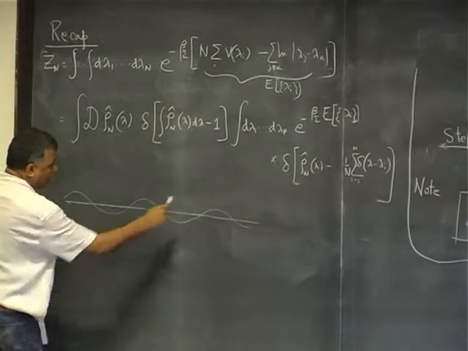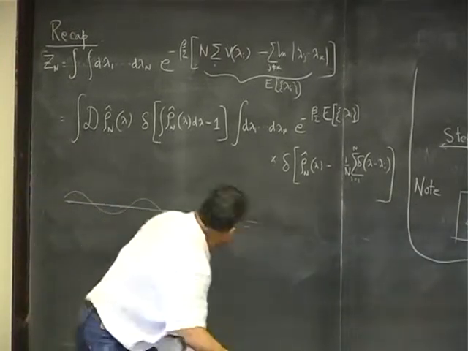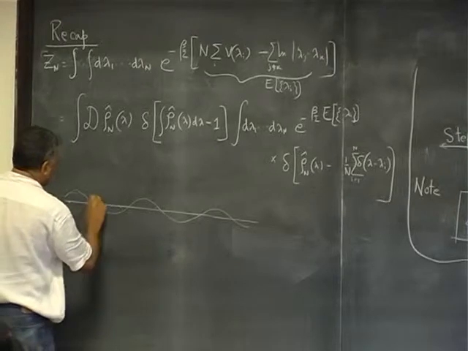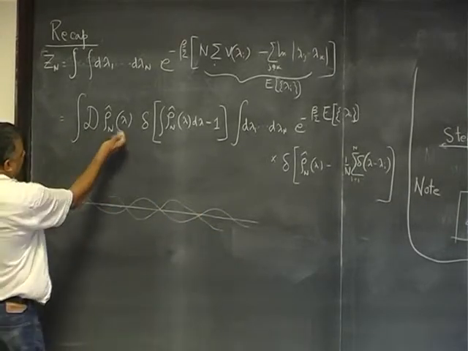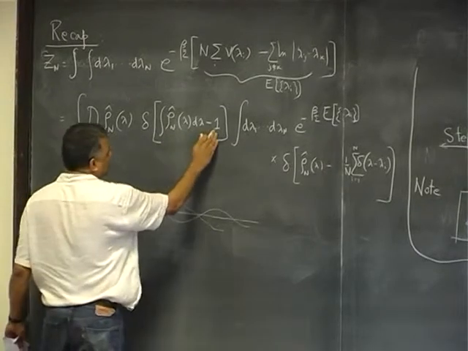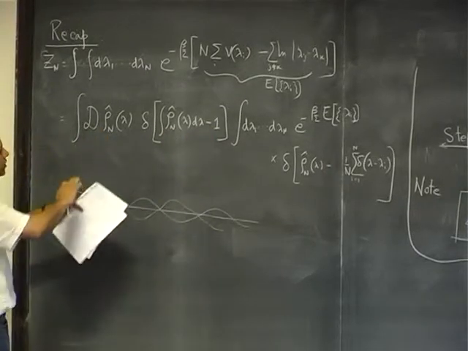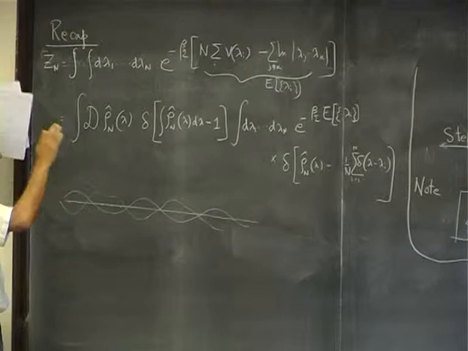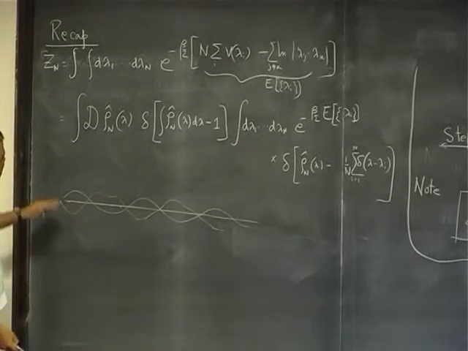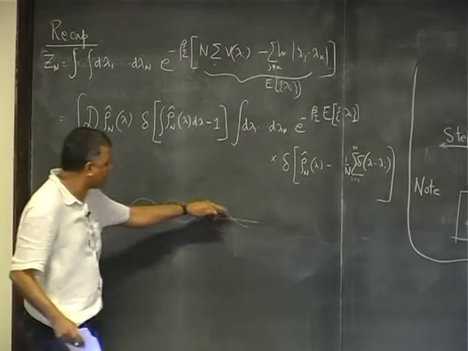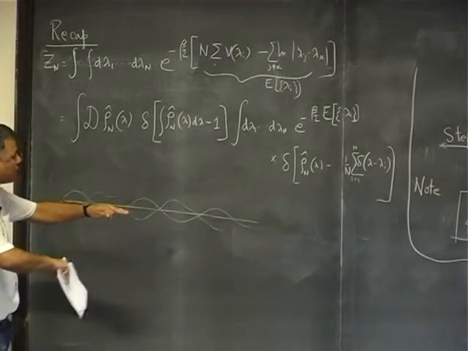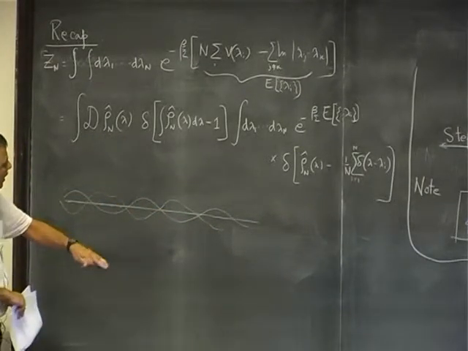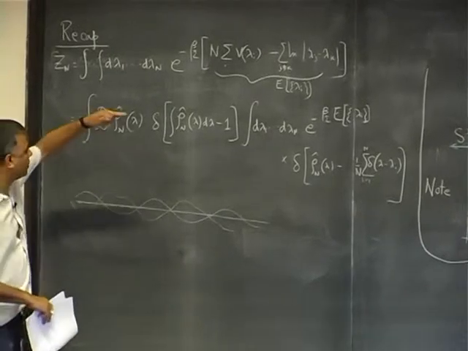This is one particular form of the function, but I could have used another density. So I have to sum over all possible functional choices with the constraint that they are all normalized to 1. All I'm doing is doing the multiple integral in two steps. First I fix the overall density, and I sum over all possible lambdas consistent with that density, and then finally I sum over all possible densities.